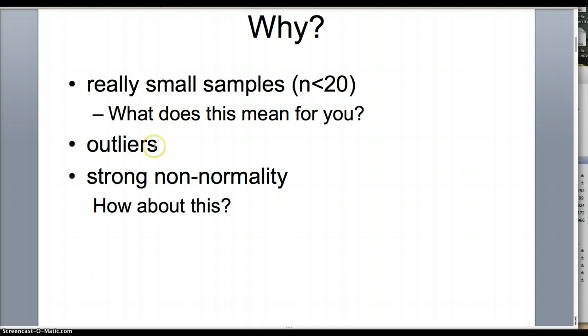It is for outliers. If you look at the normal distribution, it's for the ones out on the tail that aren't like everybody else. Inferential statistics, what we've done up to this point, has to do with normal groups, normal distributions. We can also look at non-normal distributions or strong non-normality.